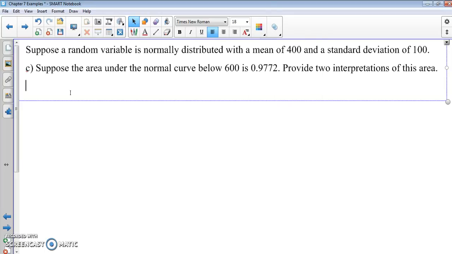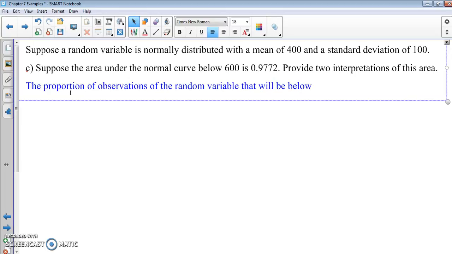So we can say that the proportion of observations of the random variable that will be below 600 is 0.9772.